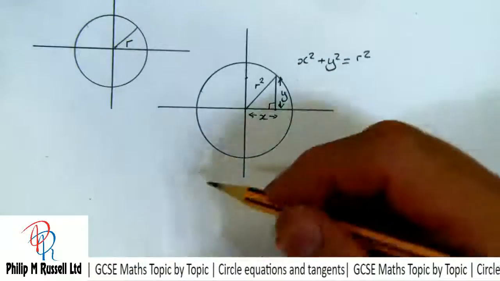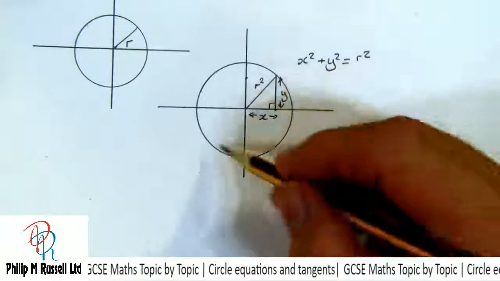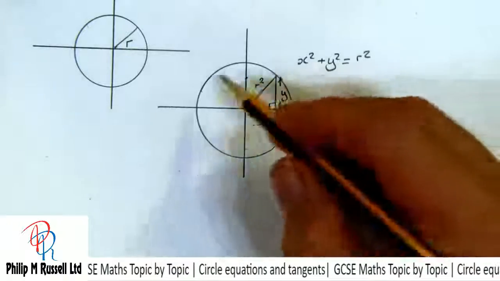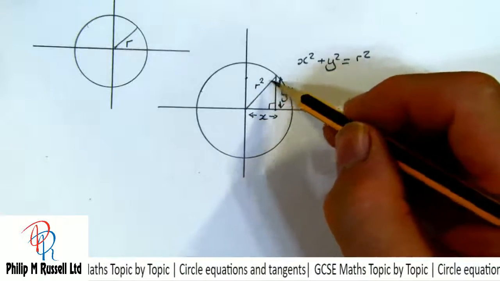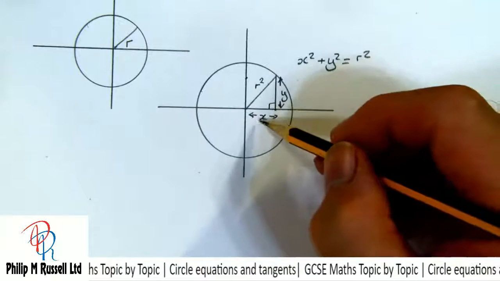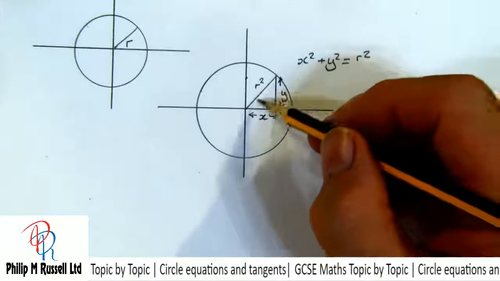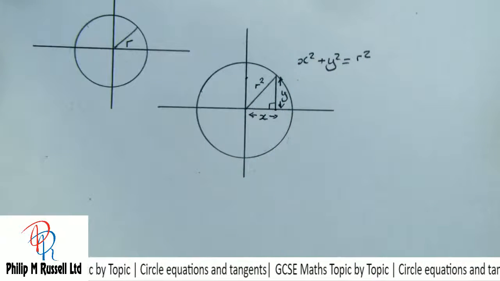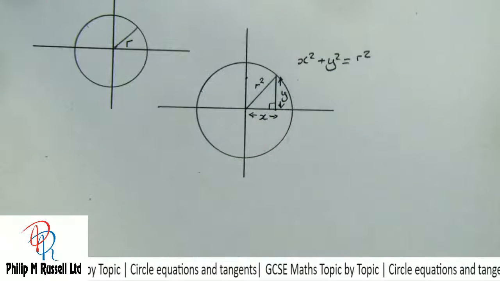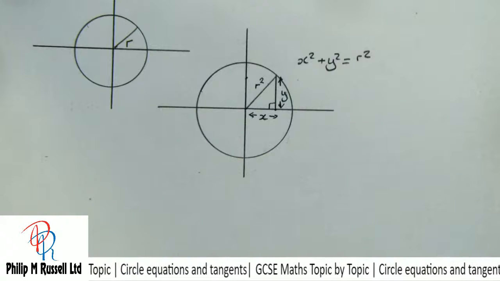So given a circle's radius, I can work out various other things. Given these distances, we can work out the radius, and so we can look at quite a lot of interesting things about a circle.